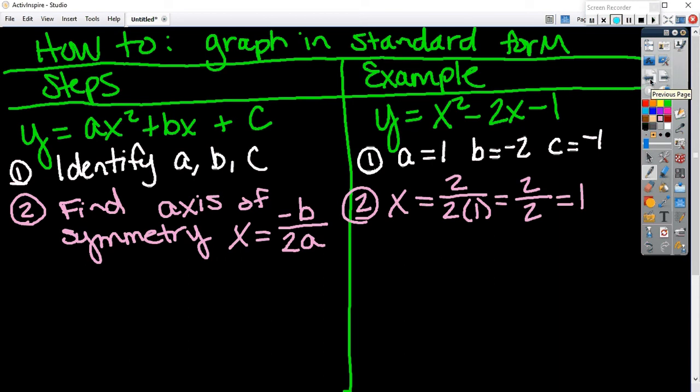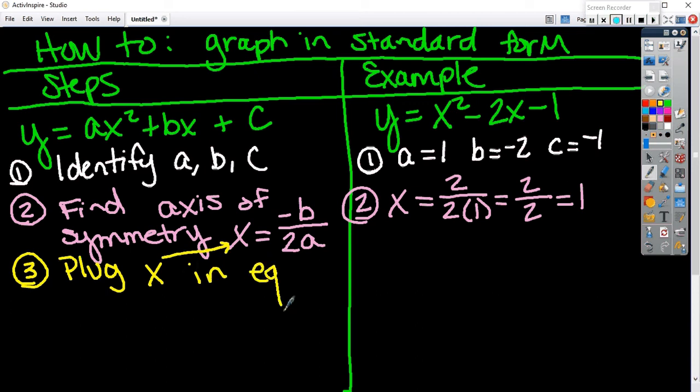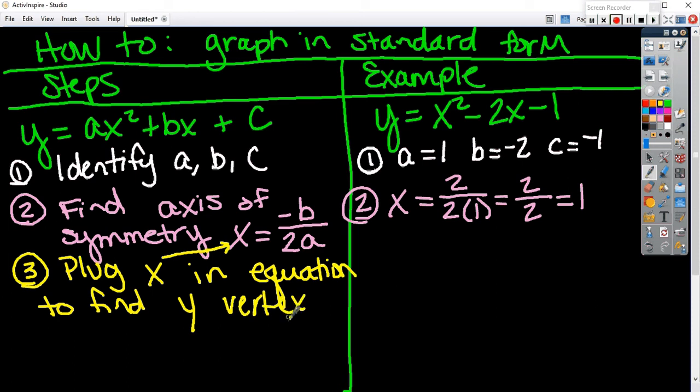To do that, I'm going to plug x, this x right here, in the equation to find the y part of my vertex. Because I've got the x, I know the line it's on, I just need to know how far to go up or down to put the point.